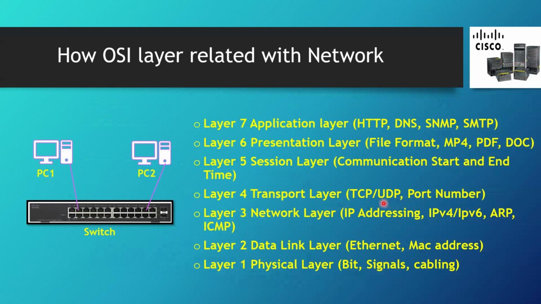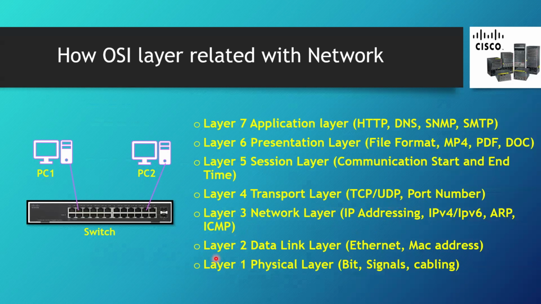If layer 1, layer 2, layer 3, and layer 4 are all okay, then maybe the issue is related to the application layer. Mostly the application layer covers our layers 5, 6, and 7. It could be an issue in any of these layers. Maybe a MAC address problem, or an IP address problem, or maybe at the physical layer somebody unplugged something, that's why it's not working, or logically someone blocked the port.